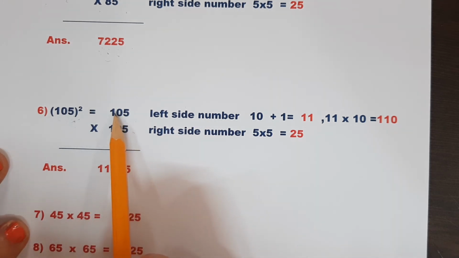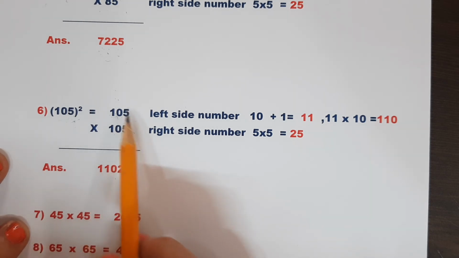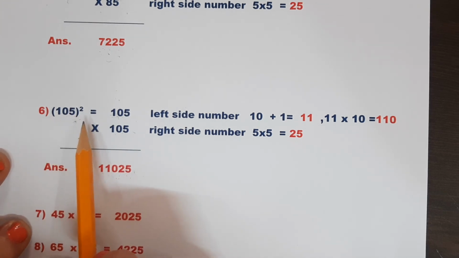You have to add 1 to the first two figures, 10. 10 plus 1 is 11. 11 multiplied by 10 is 110. And make sure the right hand side number is 25. So your answer is 11025. That is the square of 105.